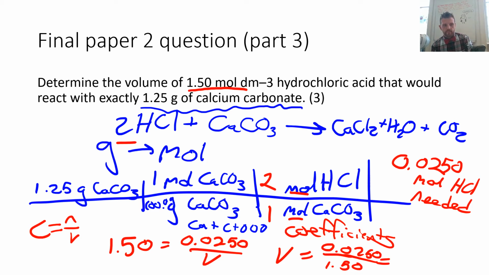Divide this by 1.5. You need 0.0167 decimeters cubed of solution. Killed it.